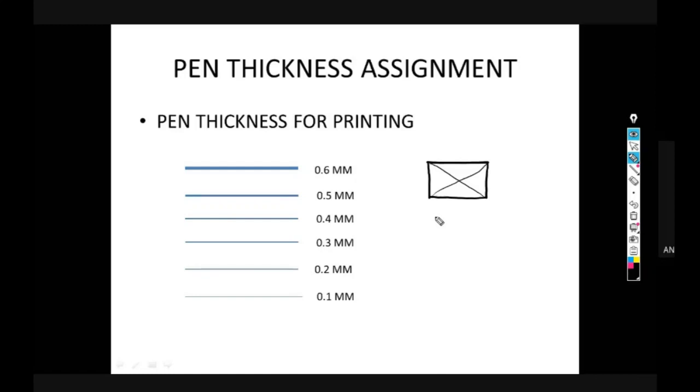Does it look good? Generally in architectural and structural drawings, the columns are shown like this. This is the better choice. It looks really good because whatever the prominent objects in the drawing are, they should be shown bold and thicker. If you do the drawing using only a single pen thickness, it really doesn't look good. I will show you some examples of drawings. So that is the importance of pen thicknesses.